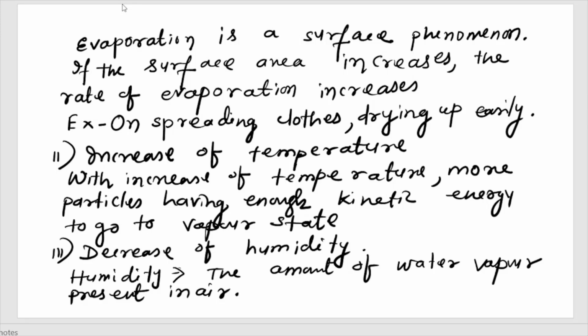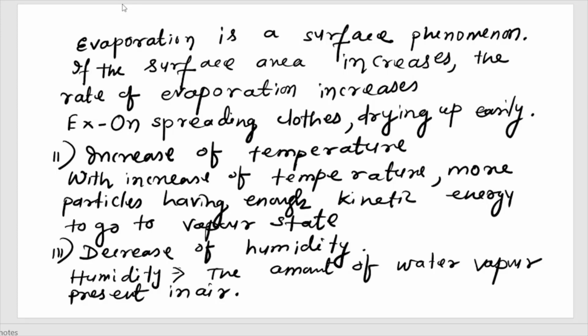So with increase of temperature, what happens? More kinetic energy is given, changing the particles into vapor state. Increase of temperature means increase of kinetic energy, the vibrational energy increases, and during high vibration the particles change to vapor state easily.